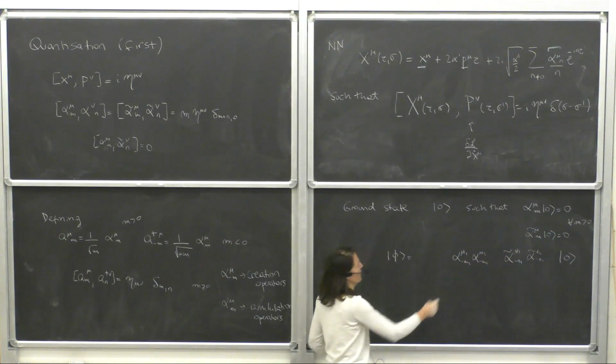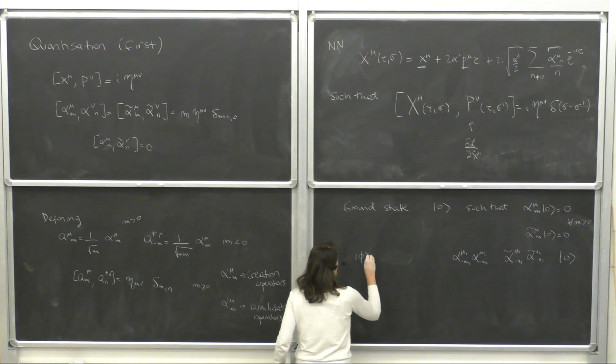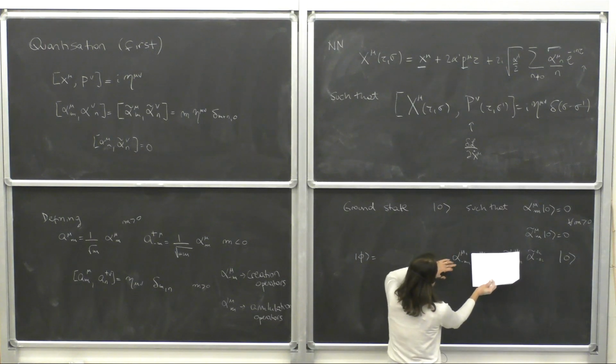So I act on this, and then I can write a polarization tensor. Let's suppose I have a single alpha oscillation.